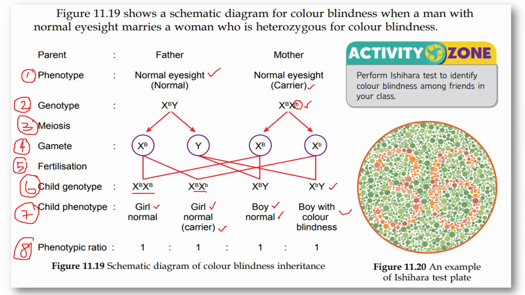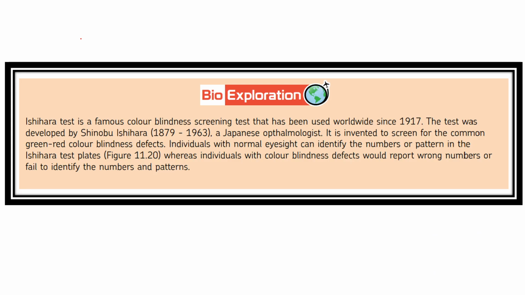Now this figure 11.20 is an example of an Ishihara test plate. Okay, sounds Japanese. The Ishihara test is a famous color blindness screening test that has been used worldwide since 1917, where the test was developed by Shinobu Ishihara. He was a Japanese ophthalmologist, and it was invented to screen for the common green-red color blindness defects.